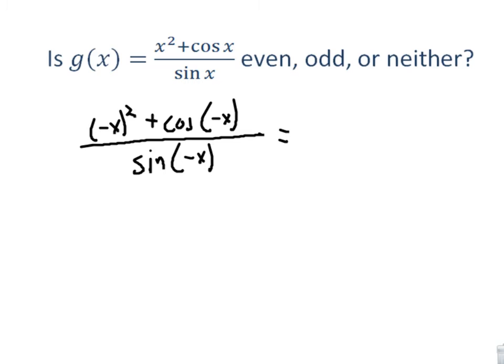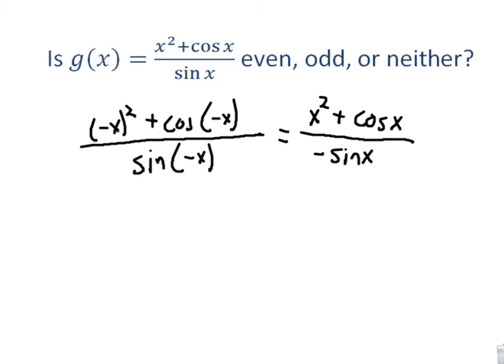So let's use our knowledge here of algebra. Negative x squared is simply going to be equal to whatever x squared is. We looked at our trig identities before. We know cosine is an even function, so cosine of negative x is simply equal to the cosine of x. And also, we talked about sine of negative x being the same as negative sine of x. So our numerator here is the exact same as our original numerator.